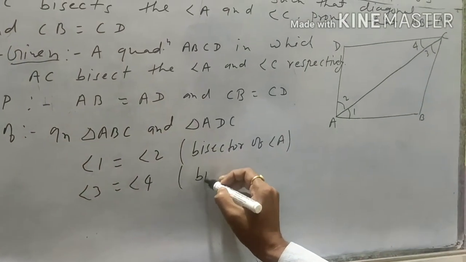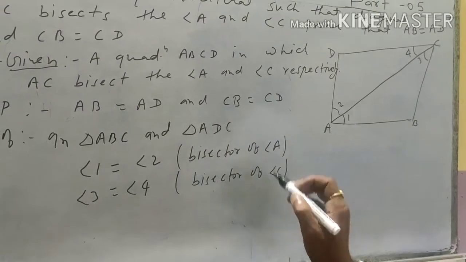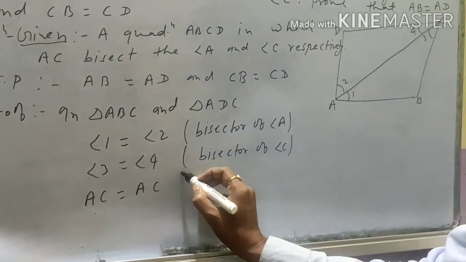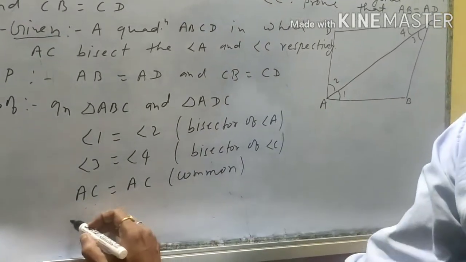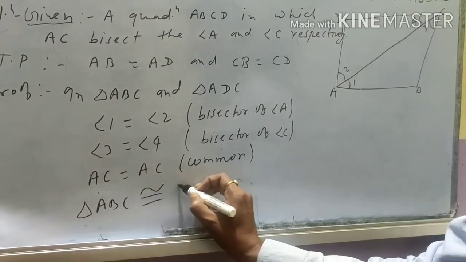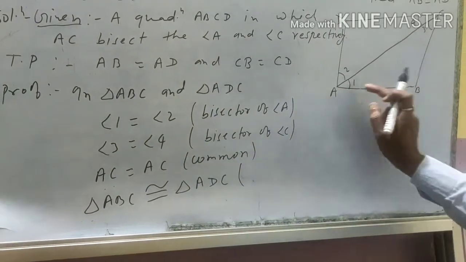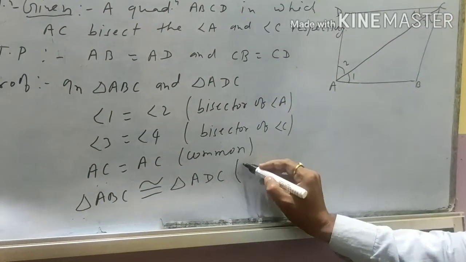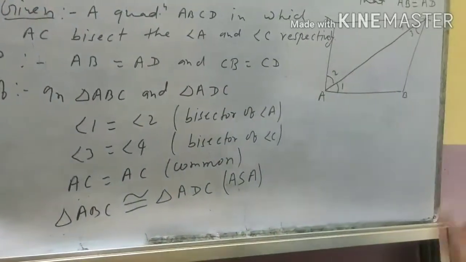Reason is bisector of angle C. Two things. And the third one is AC is equal to AC, common. So triangle ABC is congruent to triangle ADC. Reason is angle side angle. Write down angle, side, angle criteria. These two triangles are congruent.